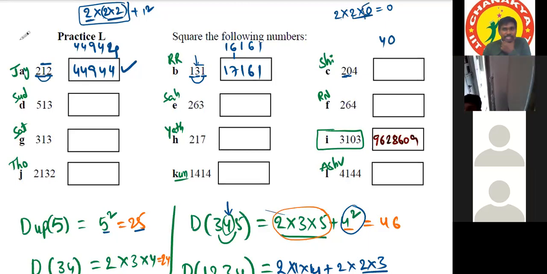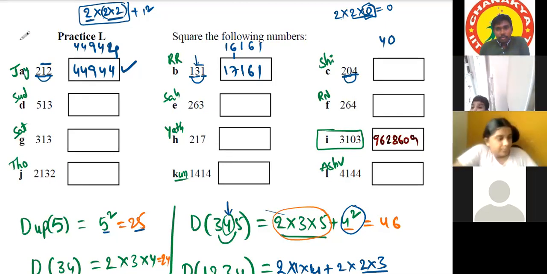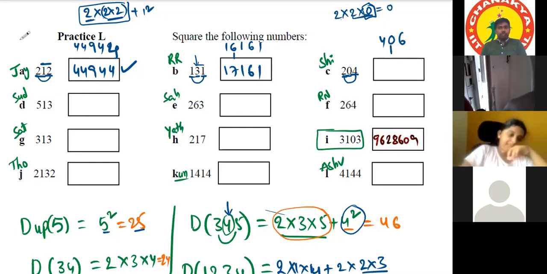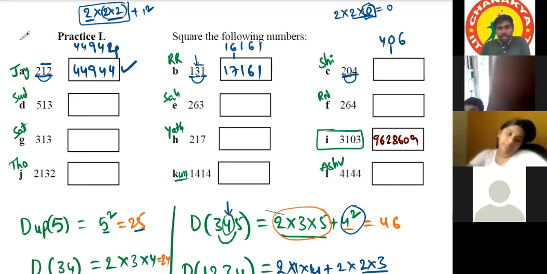Any number multiplied by 0, the result is 0 only. Then the duplex of 204: 2 times of 2 into 4, not only 2 into 4. So 16, 16. Sir, duplex of 8.